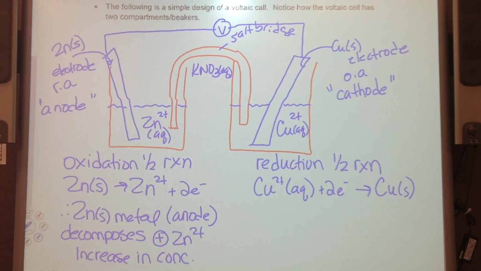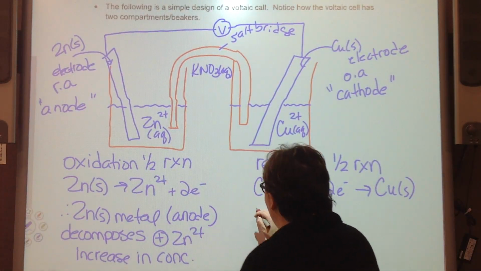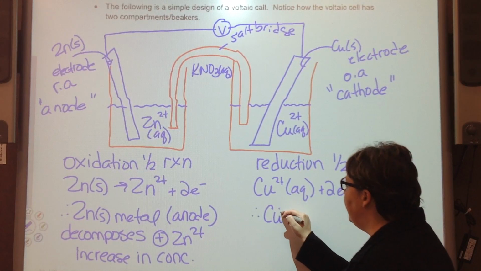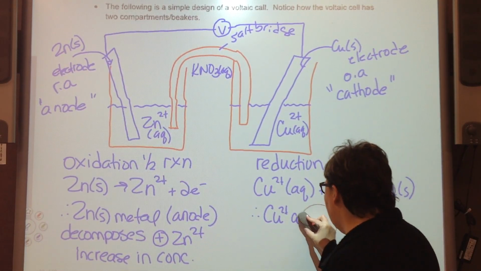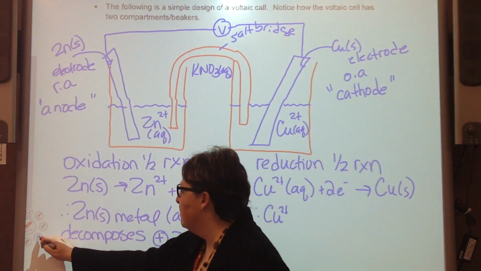So if that's what we're saying over here, then what we say over here is that the copper 2 plus cations, they're not anions, they're cations, don't write anions.